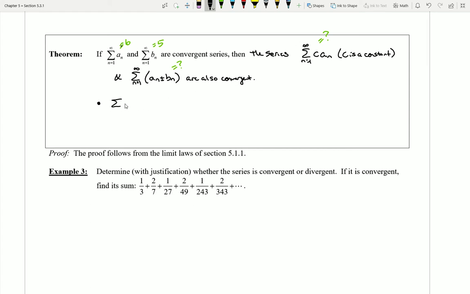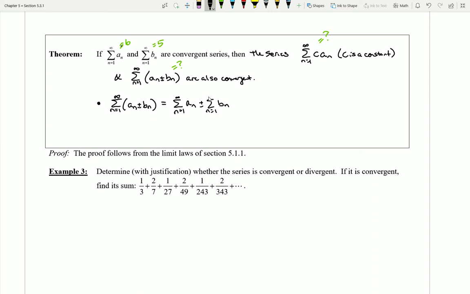First off, we can see here that if I was to look at the addition and subtraction of my two series here, I can see that this is actually going to be identical to my series with A sub n, just plus or minus my series with B sub n.